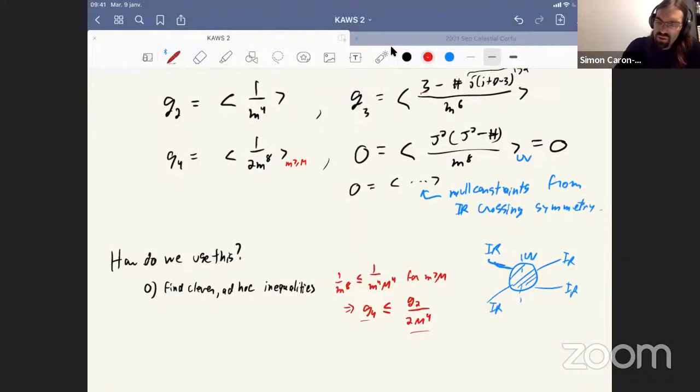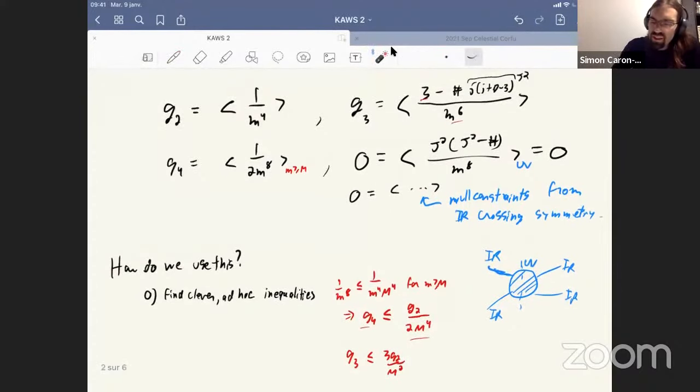Look at the one for G3: it's also obvious that G3 is less than 3G2 over M squared. But then it's less obvious what the lower bound on G3 is, and if there's a lower bound at all. According to dimensional analysis, you would expect this higher derivative correction.